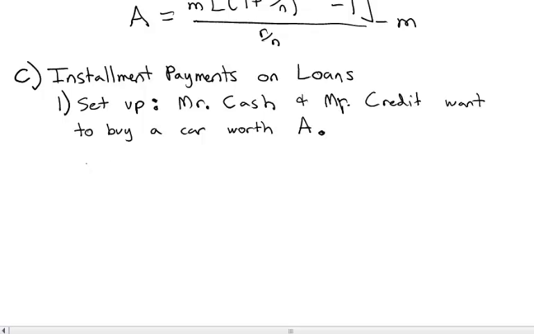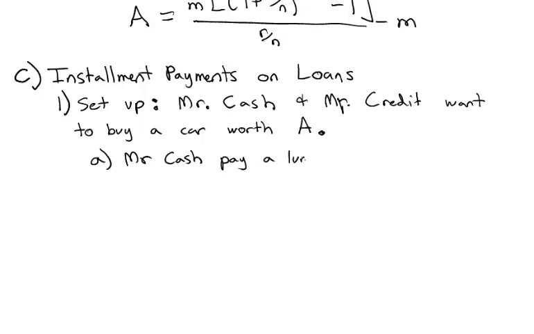Actually let's call this A, so we'll organize it. Mr. Cash is going to pay a lump sum for the car, right? Well, that lump sum could be invested by the company over the period of a loan.